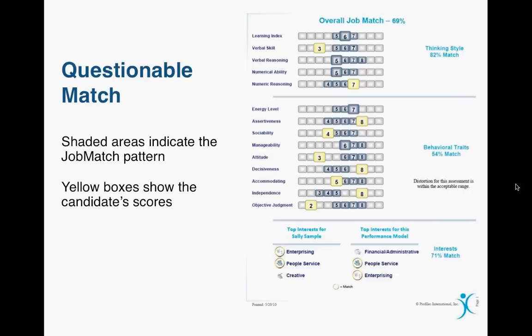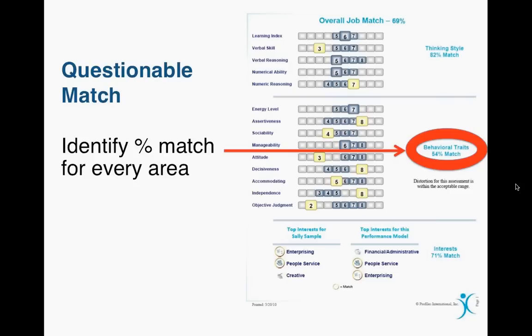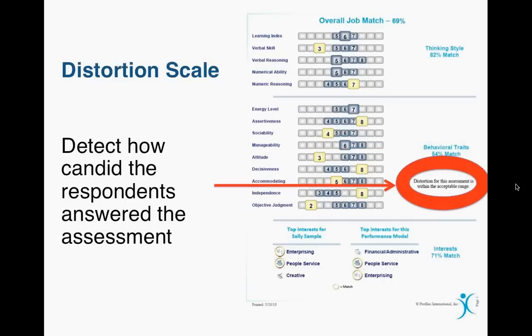Now, what's a questionable job match? As an example, as you can see here, the yellow boxes show the candidate score, and there's a lot of them here. The farther they are from the performance pattern, the more likely that they will face challenges in the position as compared to the success profile.